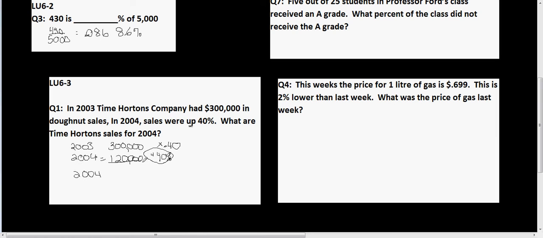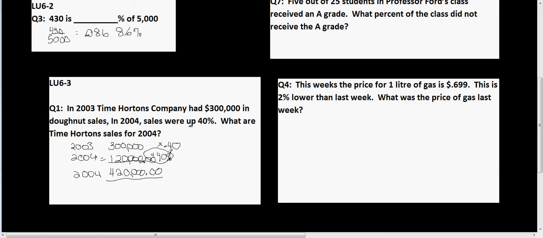And the final 2 are after the decimal point, so you could almost drop them here. That decimal point is starting to indicate pennies now. There were 0 pennies involved. 40% of 300,000 results in 120,000.00, no pennies. You add the two together to get total sales of $420,000.